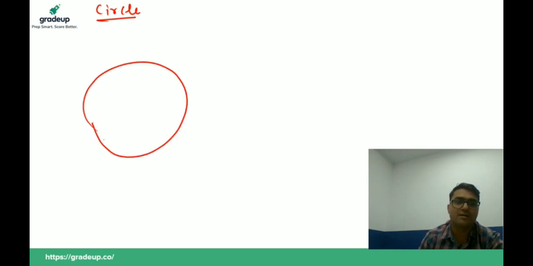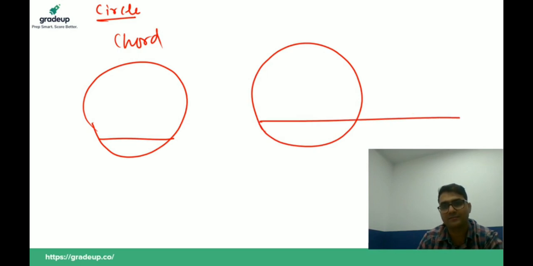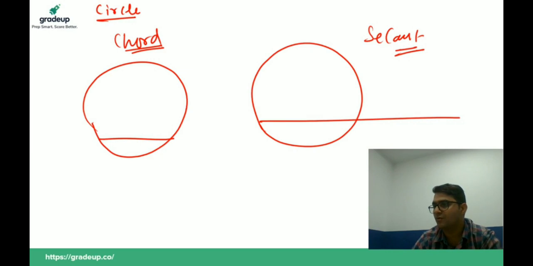What is the difference between this secant and chord? Chord is this and secant is this. This is the difference between secant and chord. Now let's move to the next. I will discuss the circle properties.